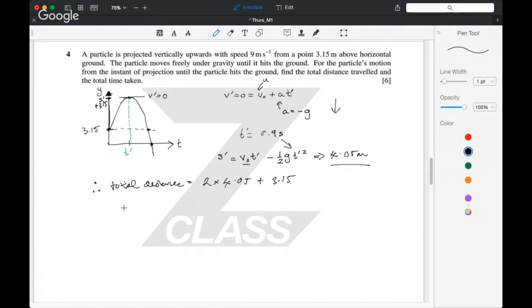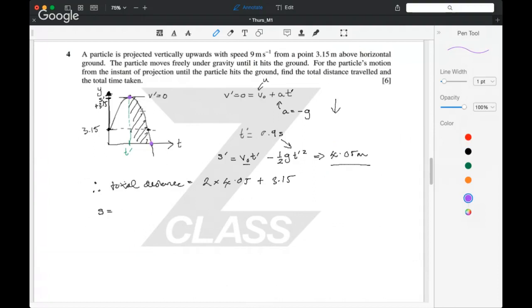For this, it's best to look just at this half of the graph, because this is super simple motion. You're starting with 0 velocity at some height, which we know, and you're just getting accelerated by gravity until you hit the ground. No problem. So you have the distance, which is that we're traveling between here and here.